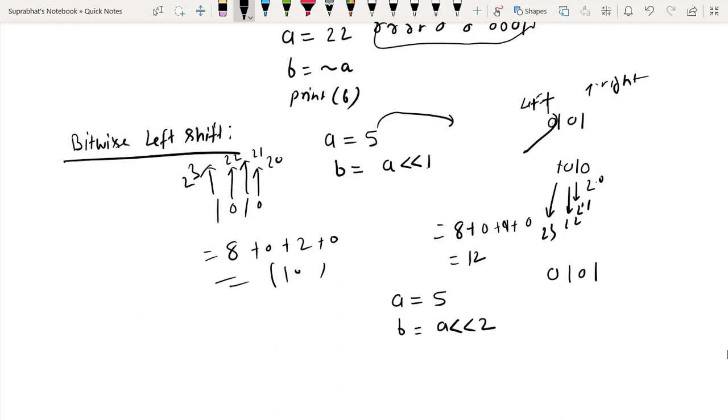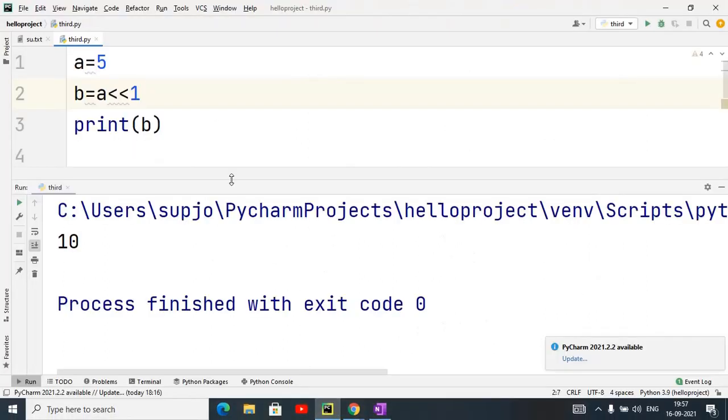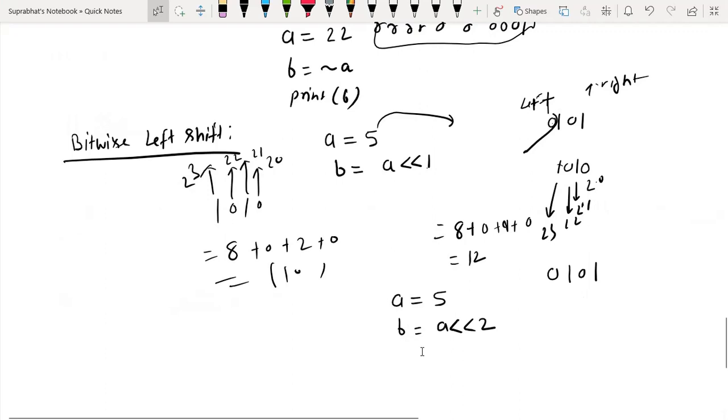First of all, we will see what the answer will be. We have taken 2 bit shifting. Now the result is showing 20. So do the calculation like this.